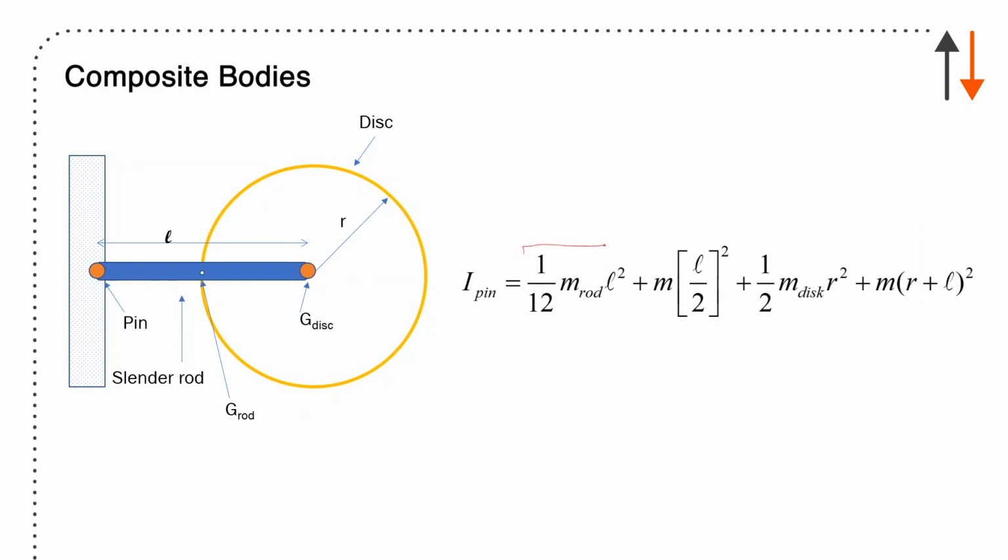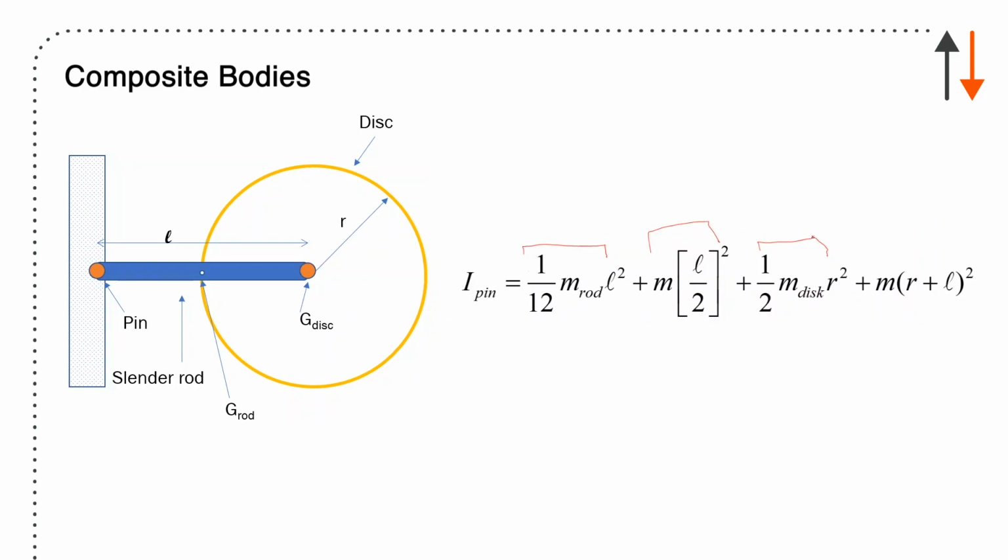If you're dealing with the moment of inertia about the pin, which is usually the more interesting point, you can say, well, it's 1/12 m L squared for the rod, which is pinned at one point, plus m L squared, and you've already done this for a number of different cases, and so you know that it's going to be 1/3 m L squared for the rod.